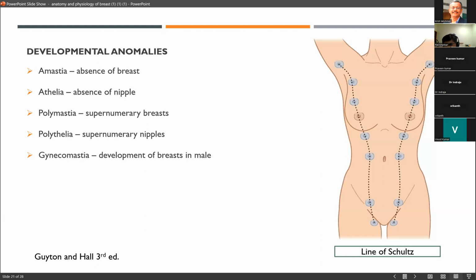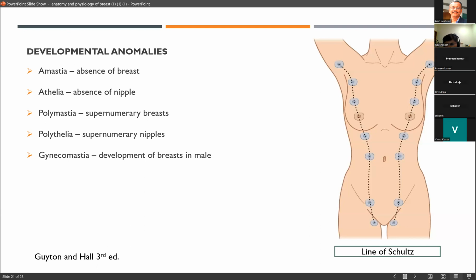Sir, initially progesterone will act. No, not progesterone. First is estrogen, from the onset of menstruation till the ovulation. That is the proliferative phase. The estrogen levels are high and cause proliferation of the ductal epithelium.